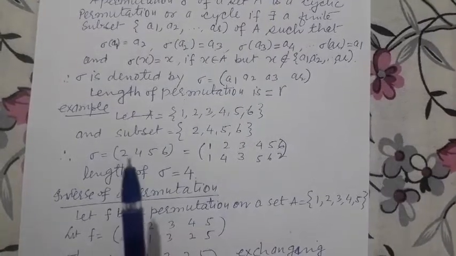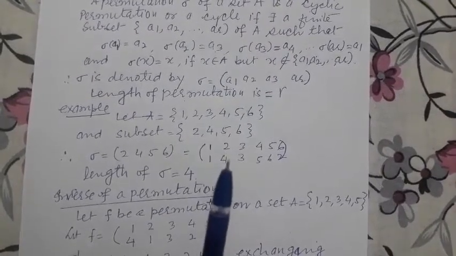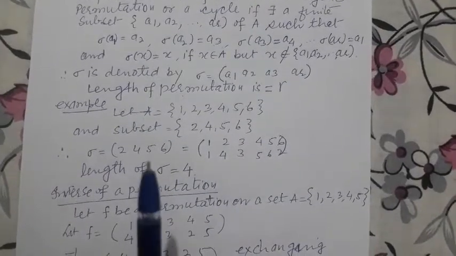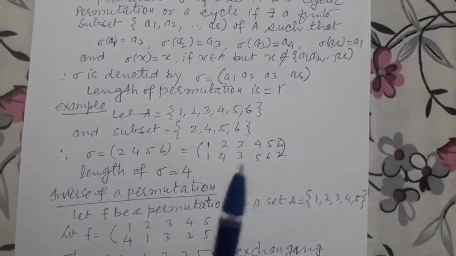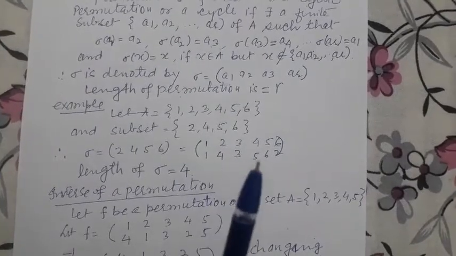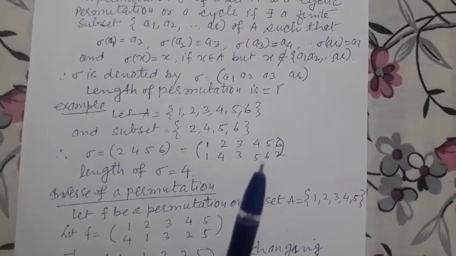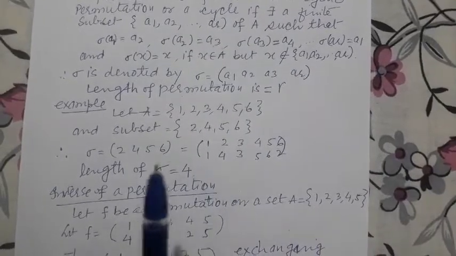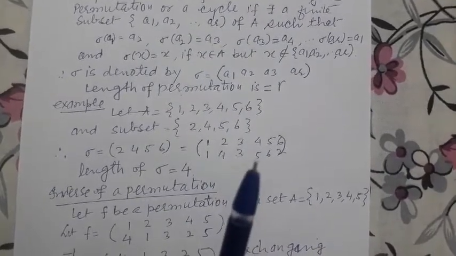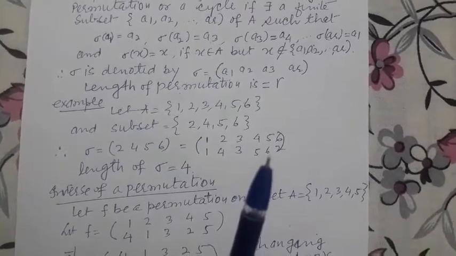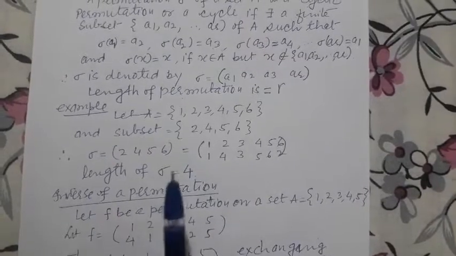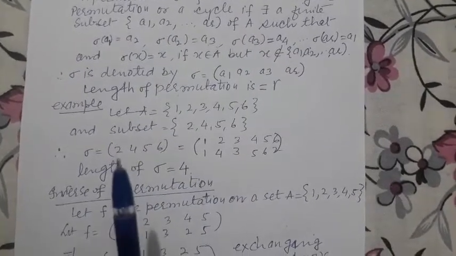Then image of 2 is equal to 4, image of 4 is equal to 5, image of 5 is equal to 6, and 6 goes to 2. 1 and 3 are not contained, so their images will be the same. This is the exact notation in two rows, but its length is 4 because the length of the cycle is 4.